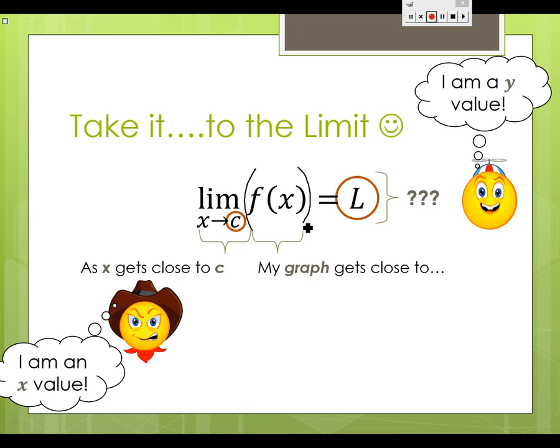That's certainly true for the end behavior limits too. We let x go to this thing, and we ask, what does y get close to? The answer is maybe L, whatever L might be.